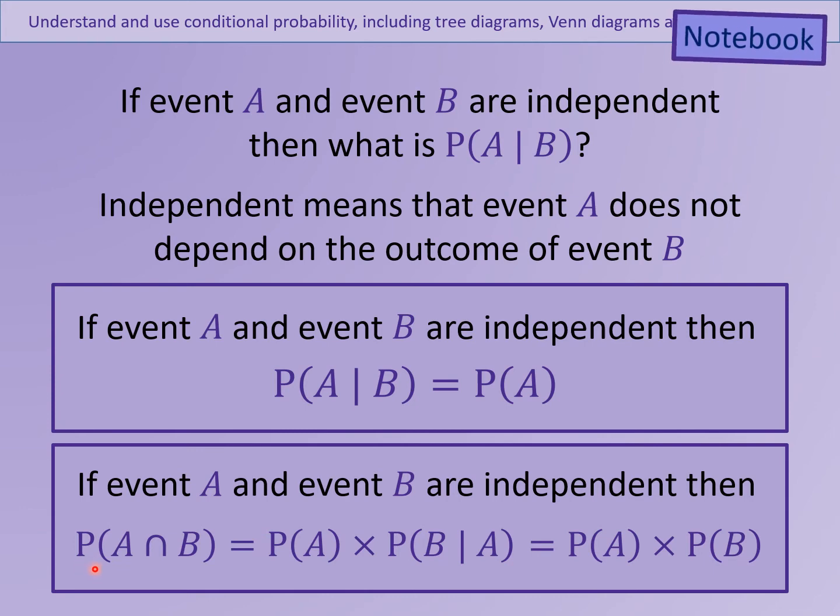If you knew the probability of A and B, the probability of A, and the probability of B, you can show whether they're equal to each other if you multiply those together, and therefore they're independent. Or you can show that these two don't equal this, and therefore they will be dependent on each other. So knowing that one fact allows you to check whether results are dependent or independent.